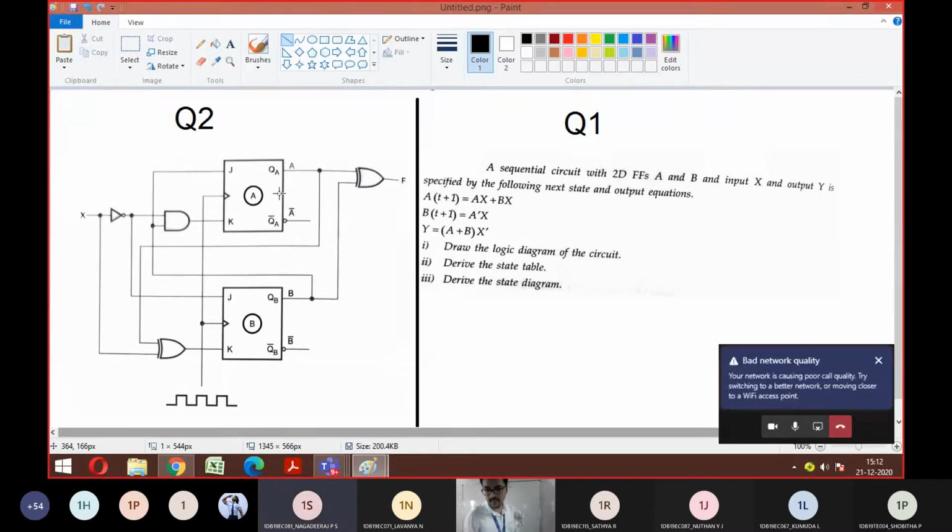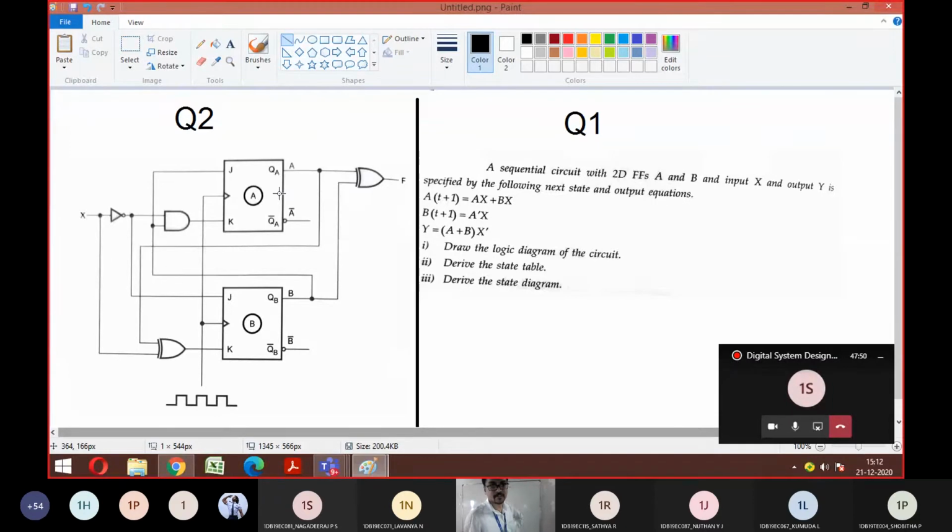So how many states will you get now? 4 states. Good. Now which flip-flop is given? JK. So what is the first thing you need to write? You need to make a note of the input equations and the output equation.